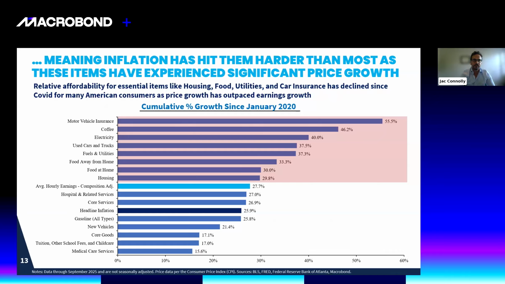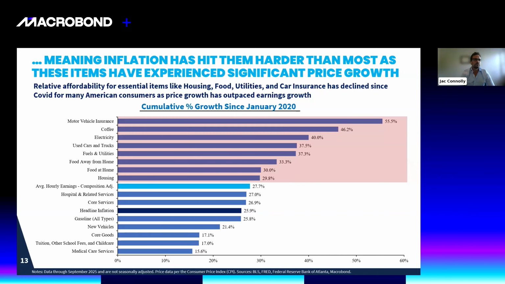So what we're looking at here is cumulative price growth since January 2020 for key items like electricity, used cars and trucks, fuels, housing, and food. We can see that many of these items have increased over 30%.